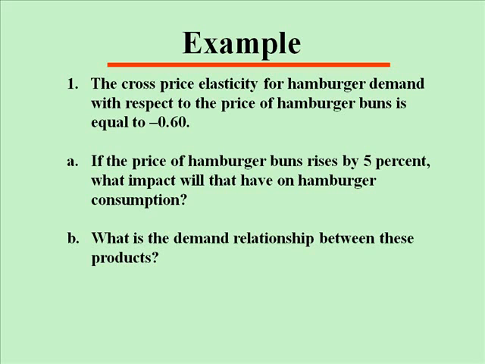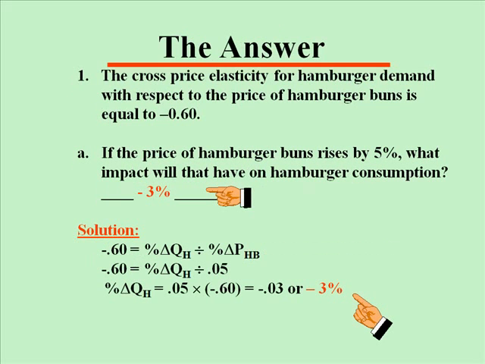So again, we're using our equation: cross-price elasticity equals the percent change in quantity of one good divided by the percent change in the price of another good. And we're going to fill out the information. We know cross-price elasticity, so we can plug that negative 0.6 into that spot, and we know the percent change in price is 5%, so we can put a 0.05 in that spot.